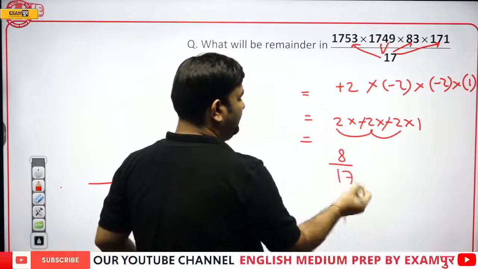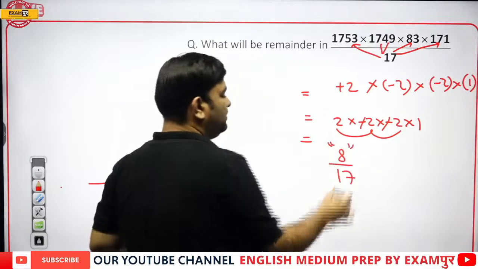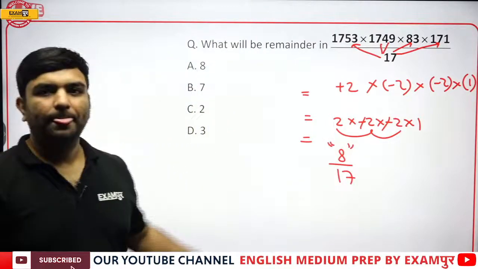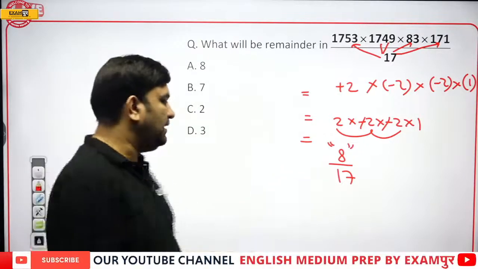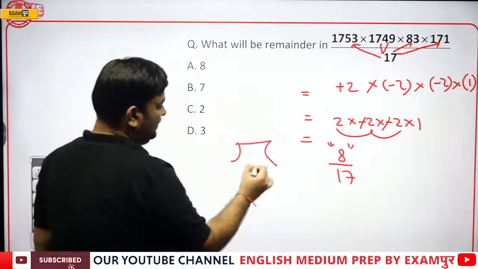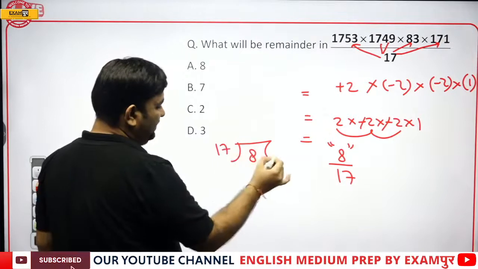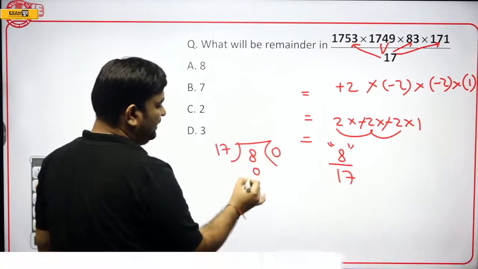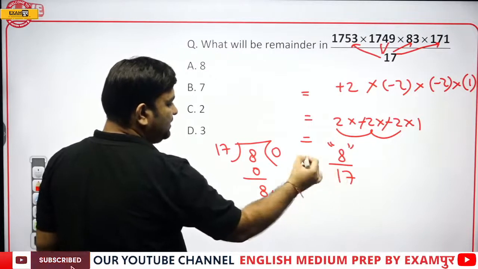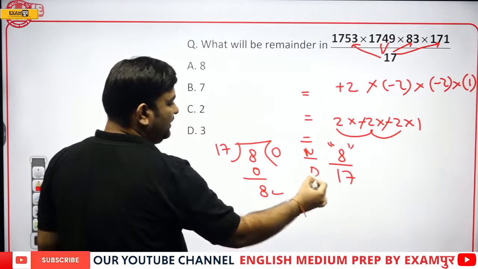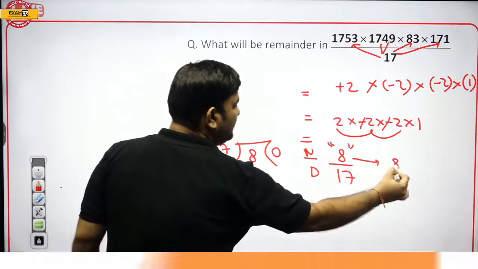8 when divided by 17. 8 is a number smaller than 17 as well. When you divide 8 by 17, your quotient is 0 and the remainder is 8. So if the number is smaller than the divisor, then the number itself is the remainder.